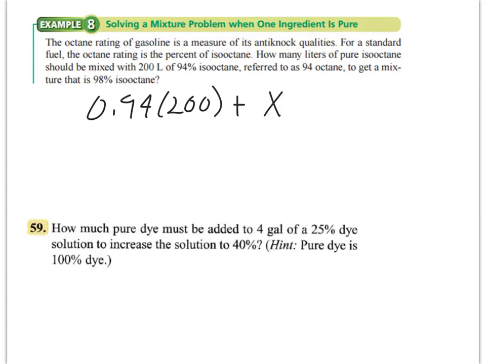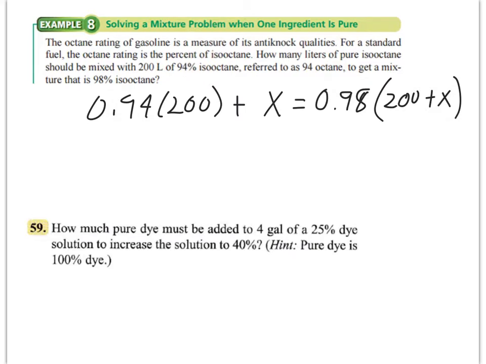Since it's pure, it gets multiplied by 100%, which is 1, so I just do 1x. And we want that to equal 98%, and as far as how much we're going to end up with, it's going to be 200 liters plus however many liters we add of the pure stuff. And so it would look like this.